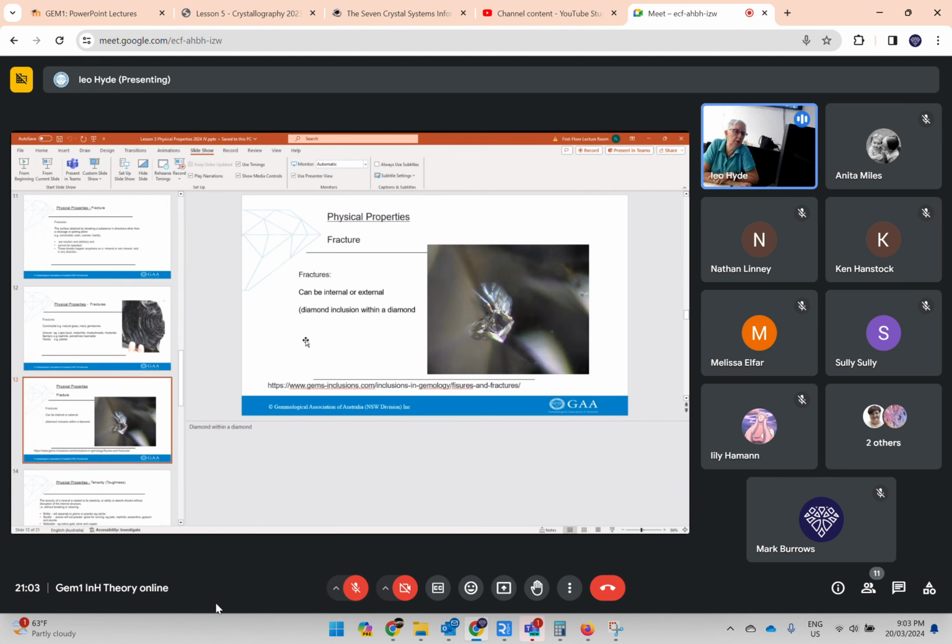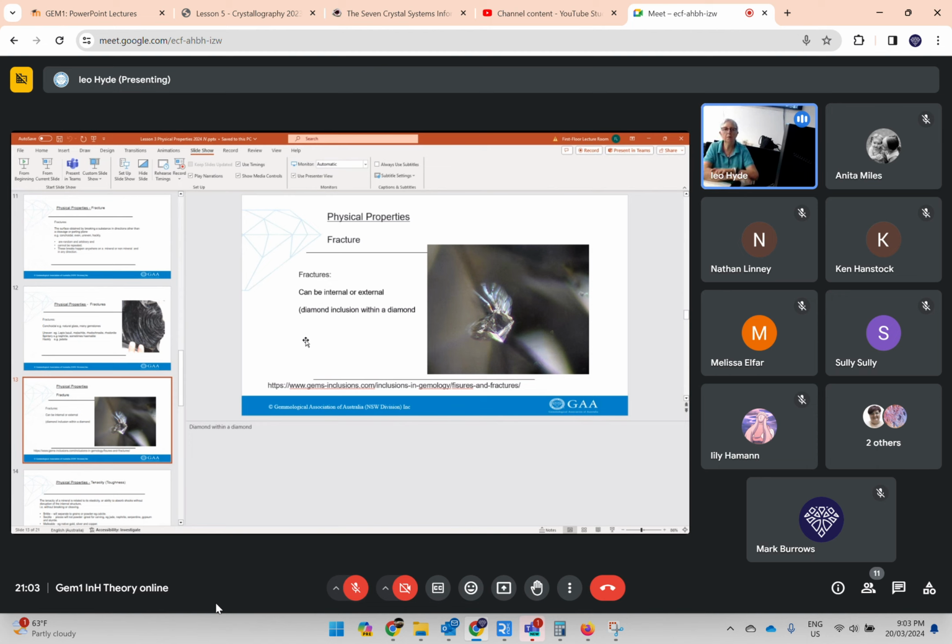That's just to show you later on. That's looking inside a gemstone, and it's a diamond inside a diamond. But there is a fracture, because the lattice around that inclusion has upset the structure of the host diamond crystal, so there is a fracture associated with that inclusion.